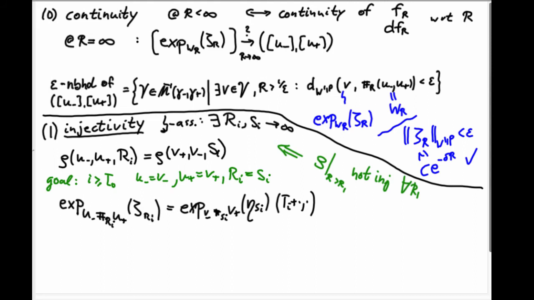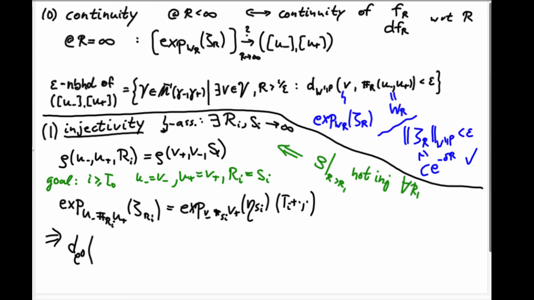Right. But that means that zeta and eta are both pretty small in C0, certainly. So this tells me that some C0 distances are small.